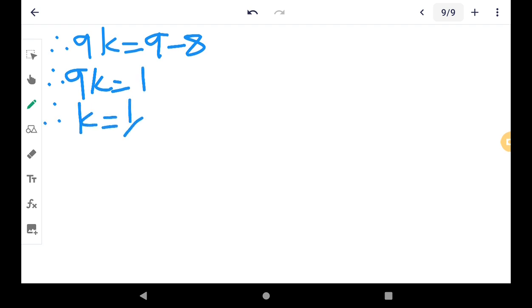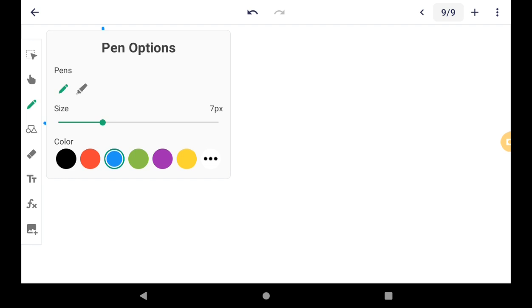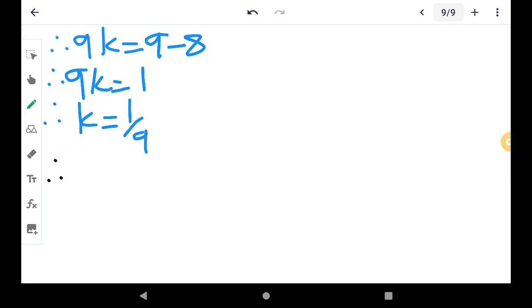Therefore, 9k equals, 9 minus 8 is 1. Therefore, k equals 1 over 9. But remember, we're not solving for k. We're solving for 3 to the power of x. So we'll revert back. Therefore, 3 to the power of x equals 1 over 9.